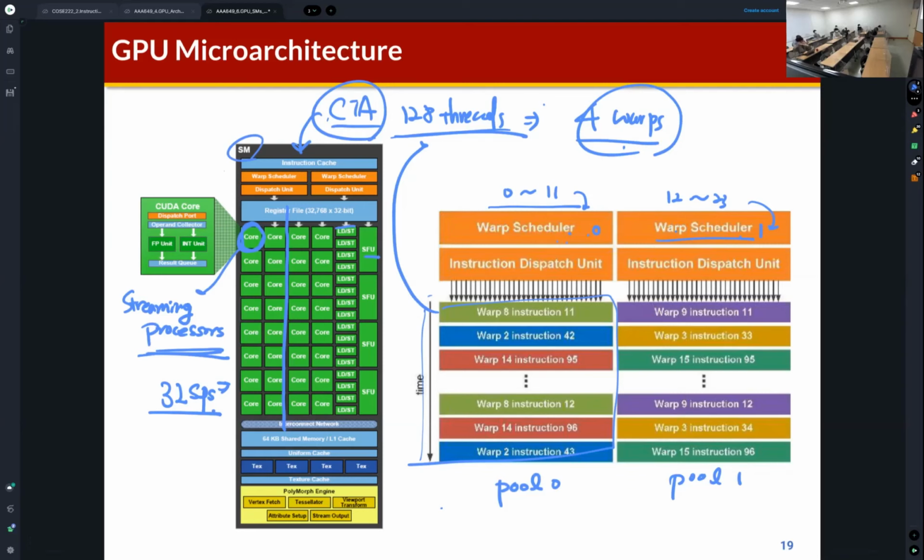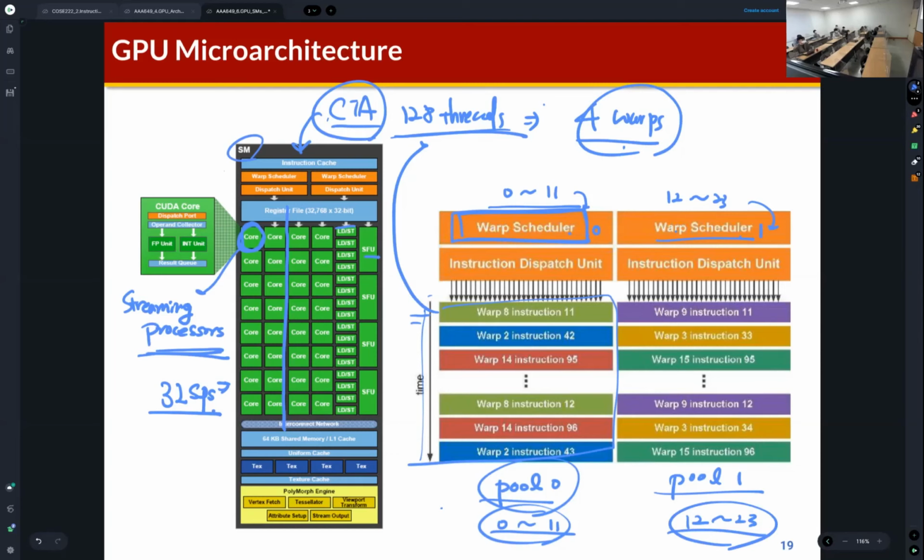So actually the warp scheduler selects a ready warp from the warp pool. For example, in this example, warp pool 0 has warp number 0 to 11, right? And warp pool number 1 has warp number 12 to 23.